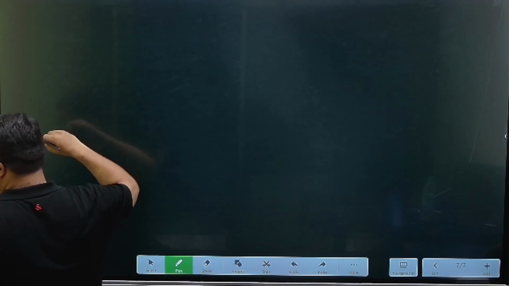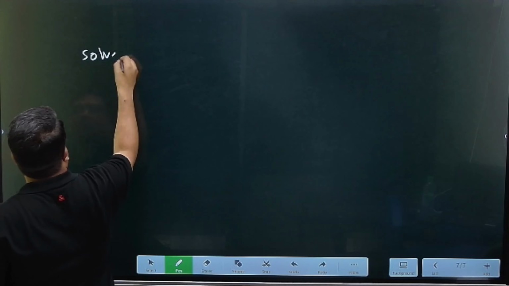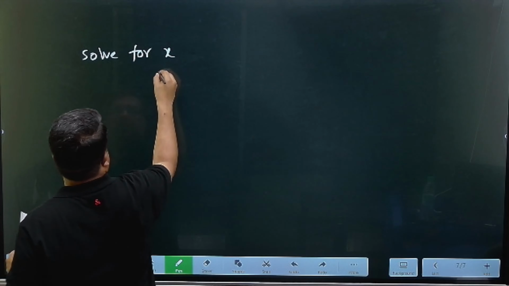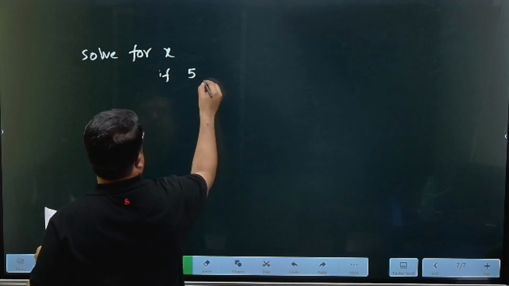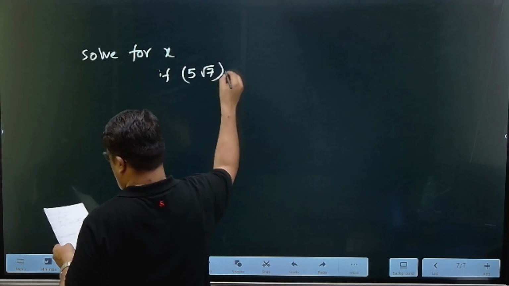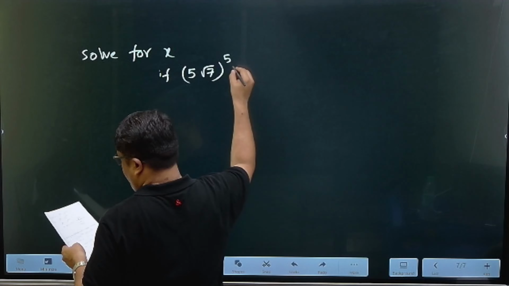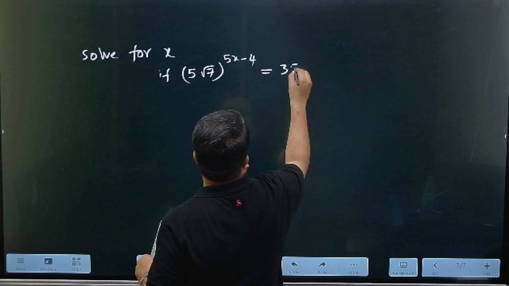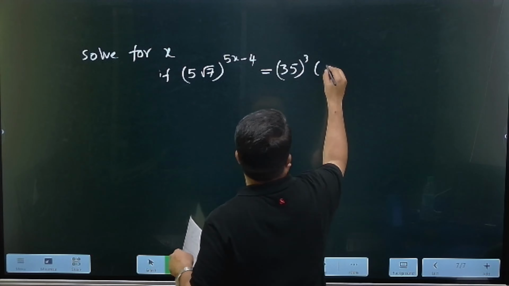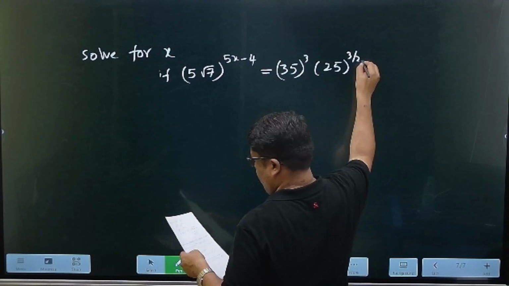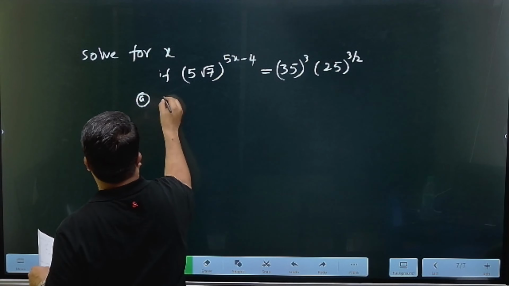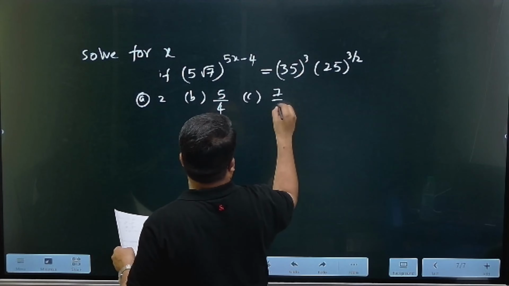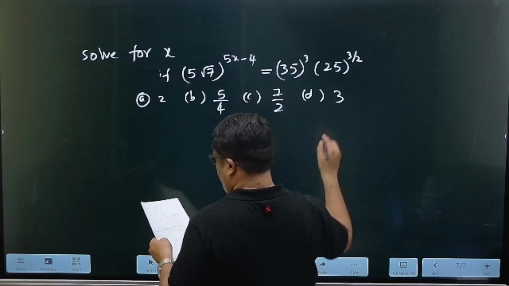For example, solve for x if it is given: 5 root 7 raised to 5x minus 4 is equal to 35 raised to 3 by 2 over 25, the value will be 2, 5 by 4, 7 by 2, options given here, 3.